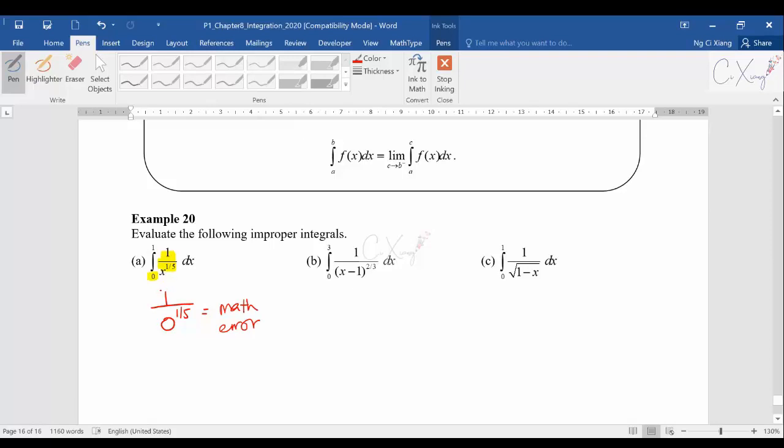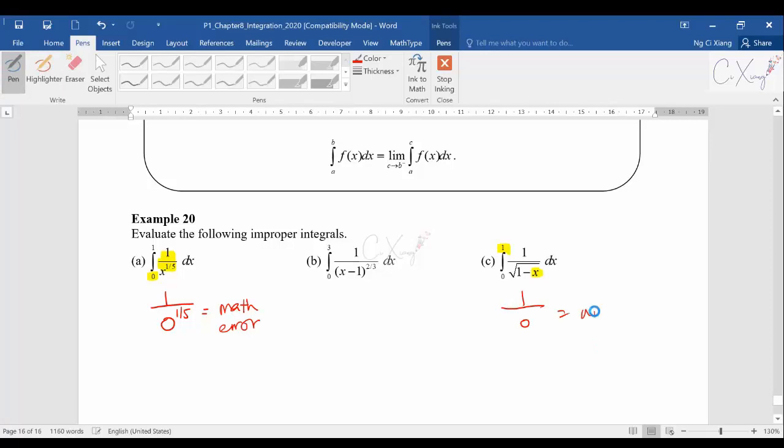Okay, and when you're having this kind of improper integral, you need to write out a very special symbol to continue with your integration later. You still can integrate, just the way that you write is a bit special. Okay, so part B, we discussed it, and then we are looking at part C. If you look at part C, if I take this limit and put it into the x, you will see that I will get 1 over 0 as well.